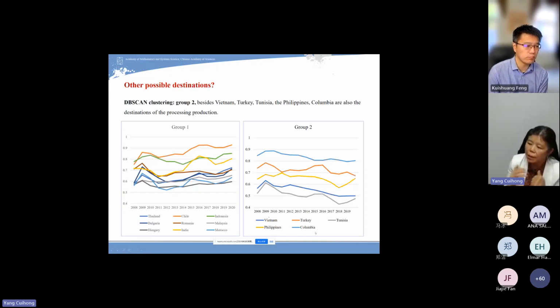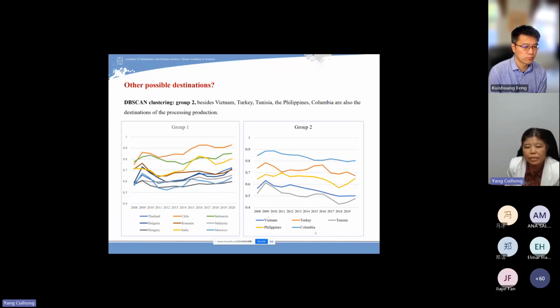These may be host countries of processing export. But the data of 2008 and 2009 is not gradual and not consistent with other years, because it's the years of the global financial crisis.